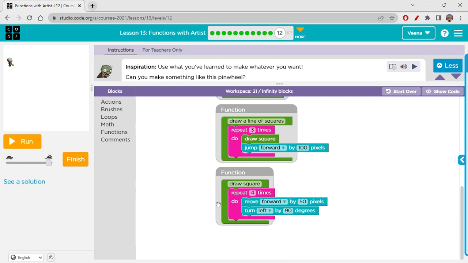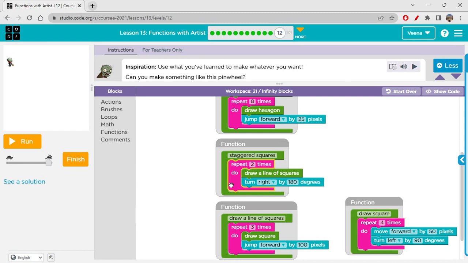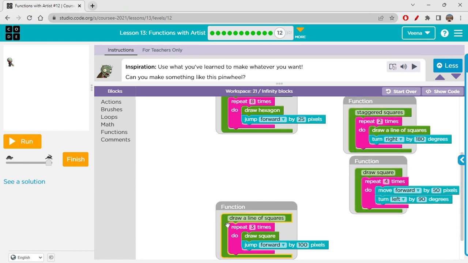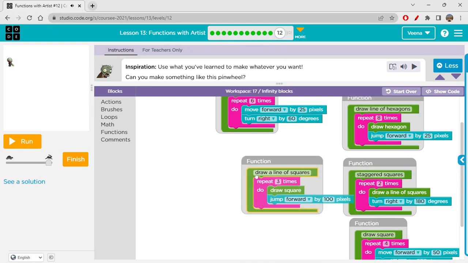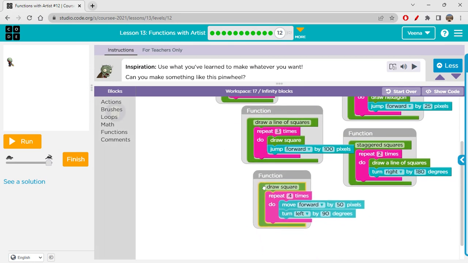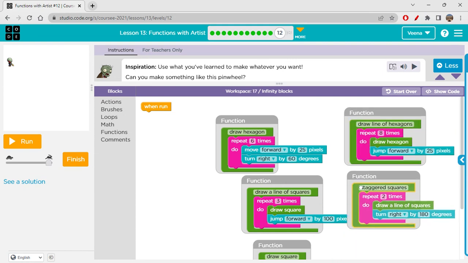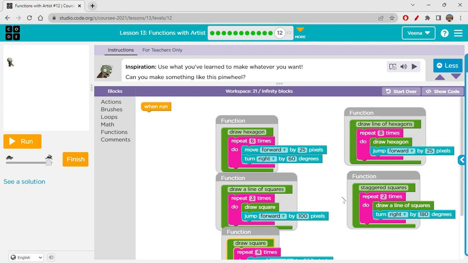What is this? Draw square, draw line of squares, staggered squares. Okay. We have draw hexagon given.